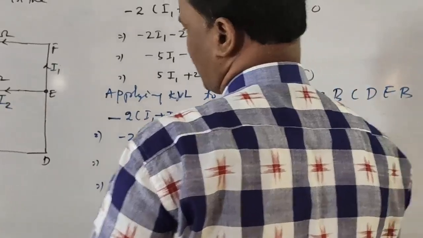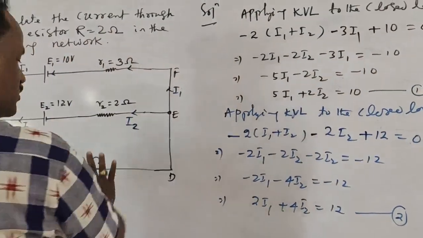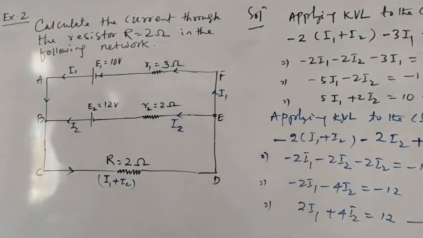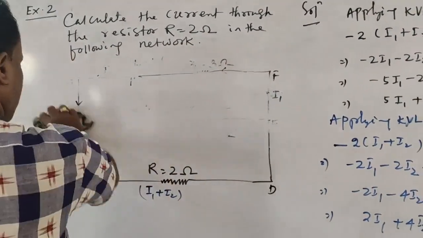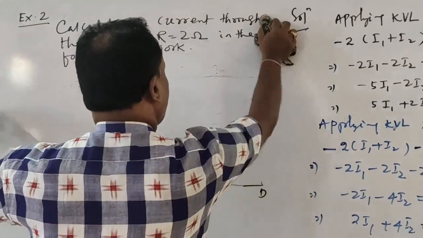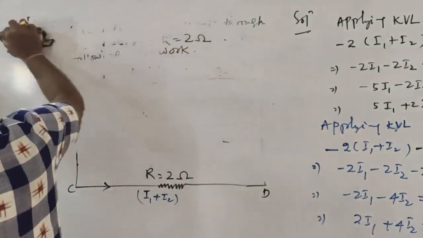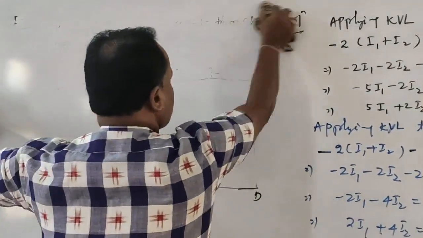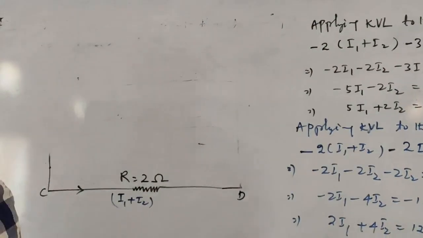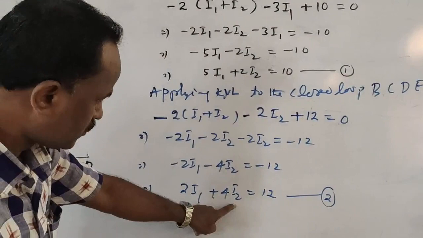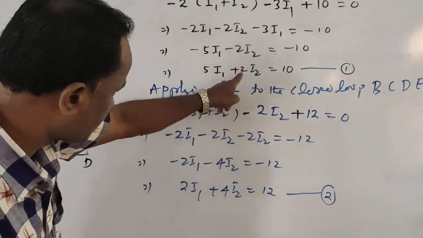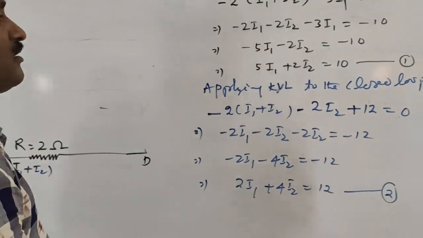Come to the solution part, and if you erase this figure, there is no need of that figure now. You need the current through the resistor, so just keep the equations, and to solve equations 1 and 2, suppose you want to remove I2, then you have to multiply by a factor of 2.